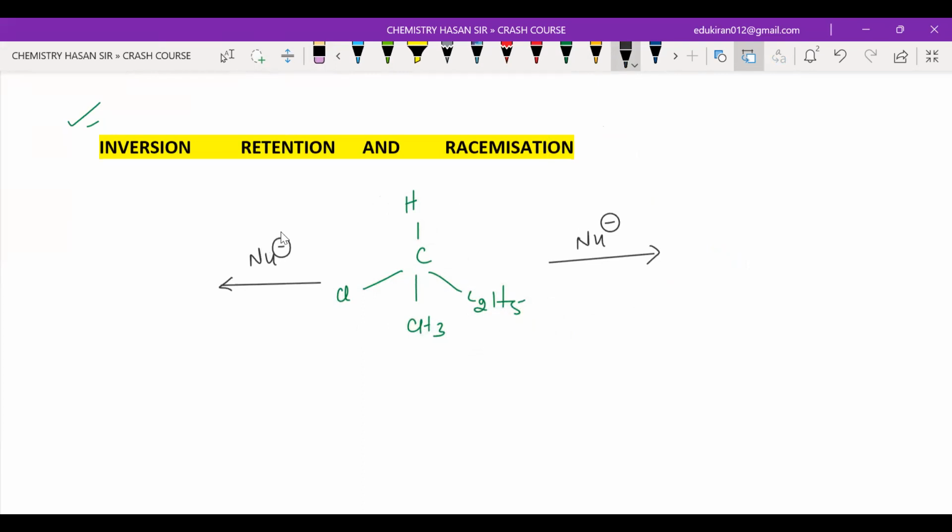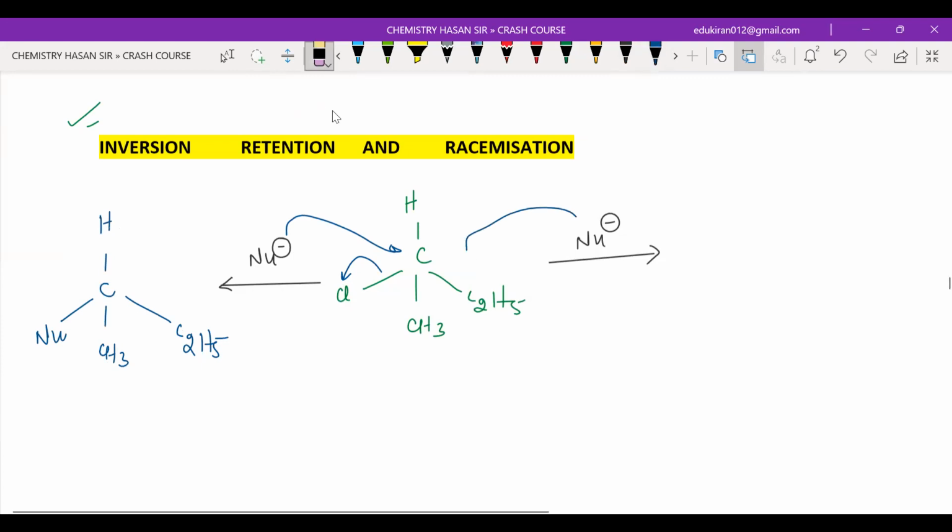There are two possibilities. The chlorine will leave and the nucleophile will attack, replacing the place where the Cl was initially. There is another probability, that it will come in the opposite direction, or opposite configuration.